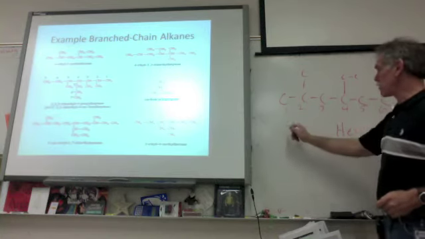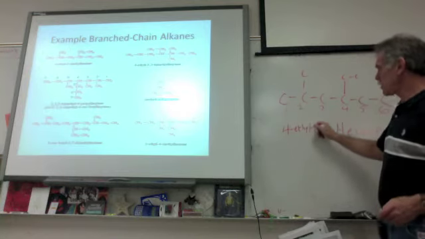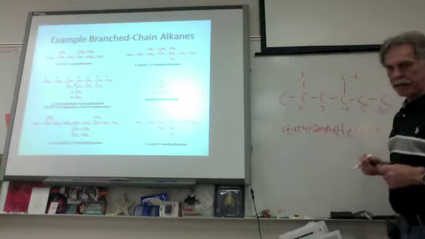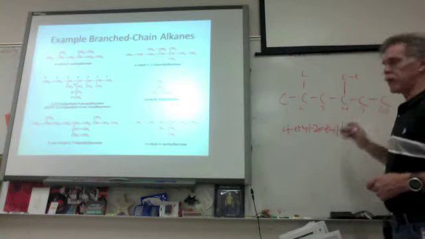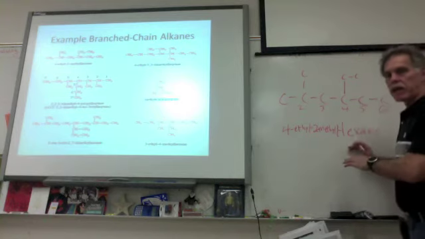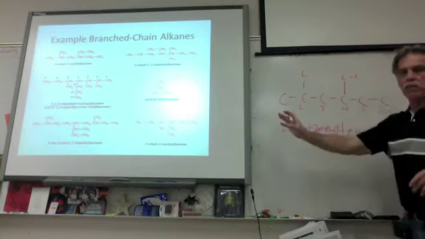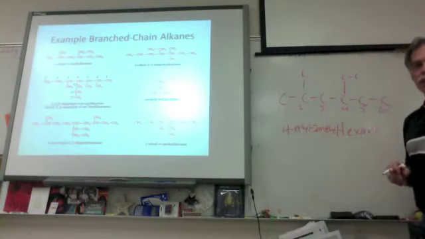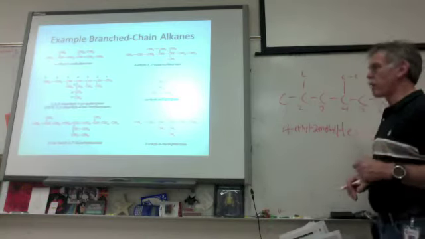Alphabetically, we list those, which will be 4-ethyl, dash, 2-methyl, hexane. Dashes go between numbers and letters. So that's the name: 4-ethyl-2-methylhexane. If we were given the name and you were drawing the compound, always start with the parent, draw 6 carbons, and then just put the groups where the numbers are. The number in front of the groups, that's the address. That's where they live. So 4-ethyl-2-methylhexane.